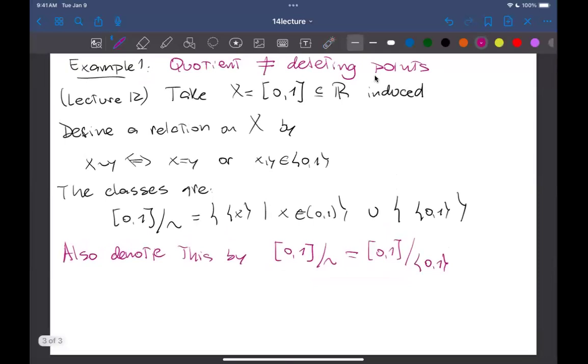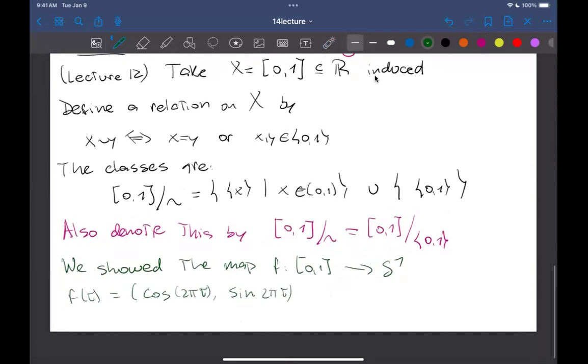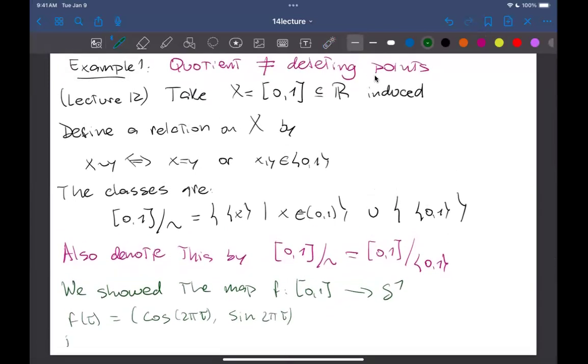Okay, so what do we do here? We showed that the map f from our interval to S1, given by f of t equals cosine 2 pi t, sine 2 pi t, going around the circle, gives a continuous bijection.